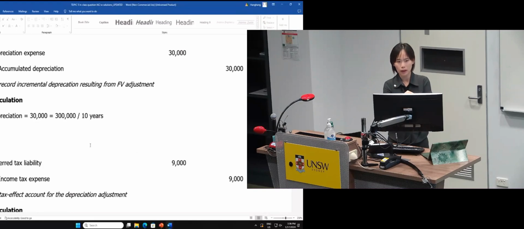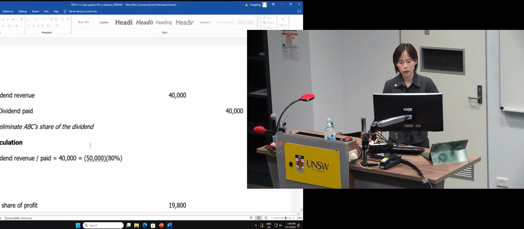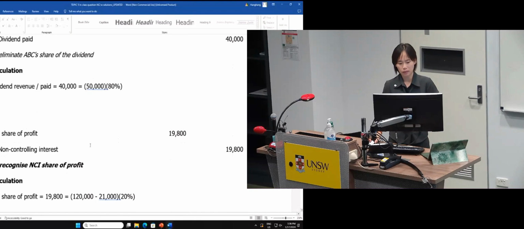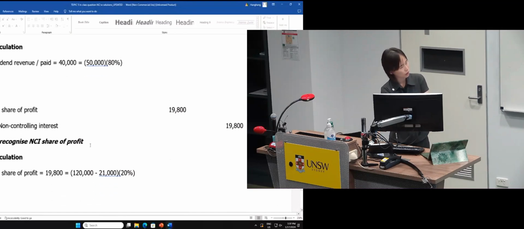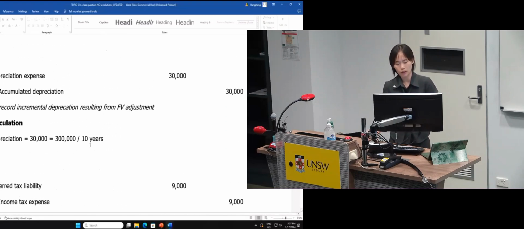The subsidiary reported profit therefore should be adjusted for this before you allocate it. This is step 3. Subsidiary reported profit is 120,000, and this number needs to be adjusted down by 21,000 due to the current year worksheet adjustment of depreciation and income tax expense.